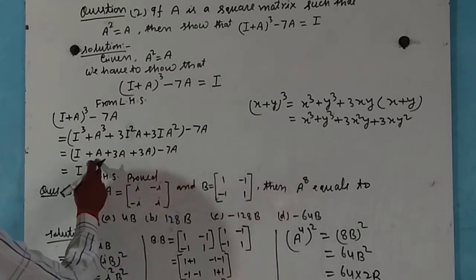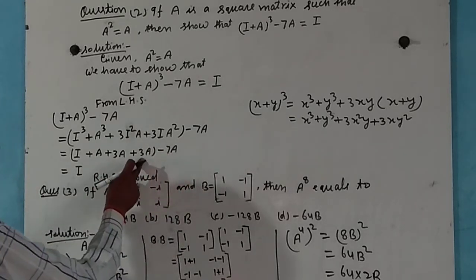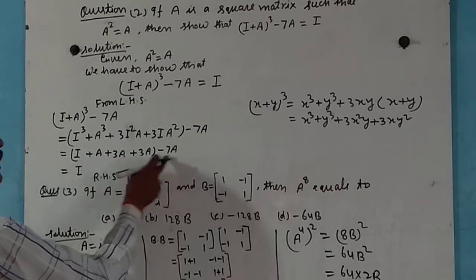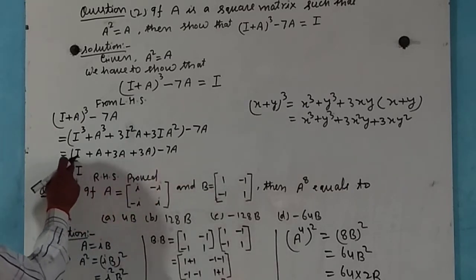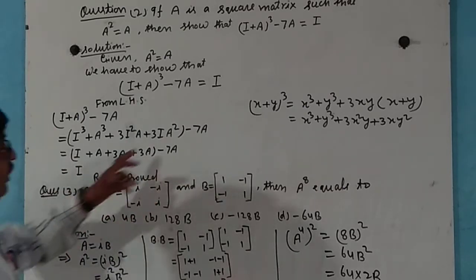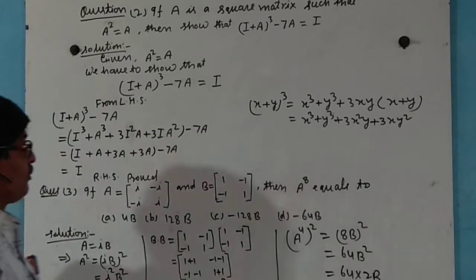Here A plus 3A plus 3A is 7A, and 7A and 7A cancel, so that this is equal to I. This is the right hand side.